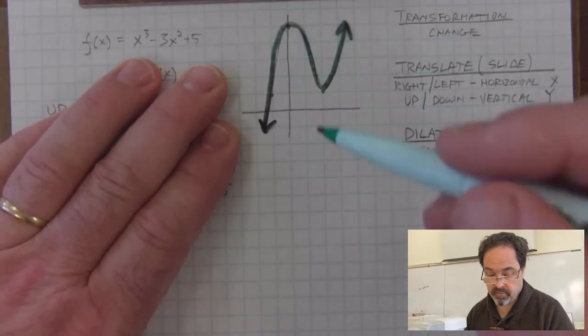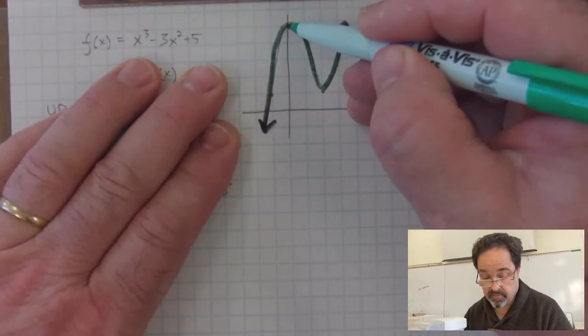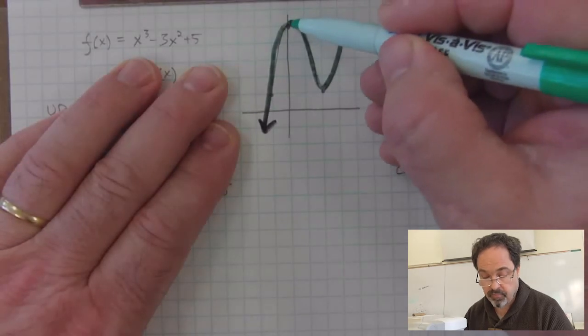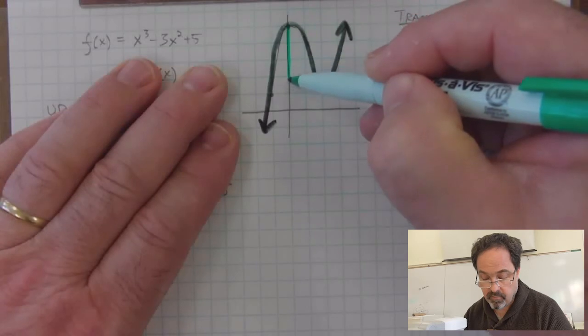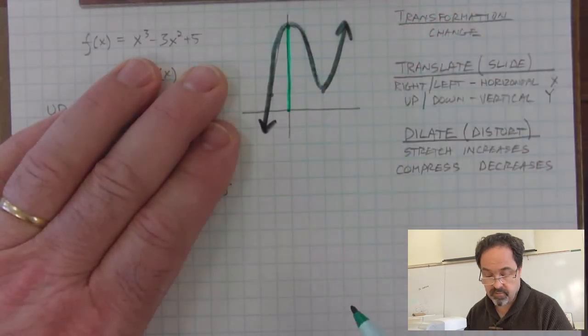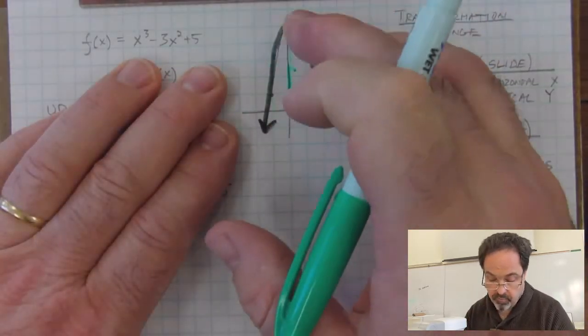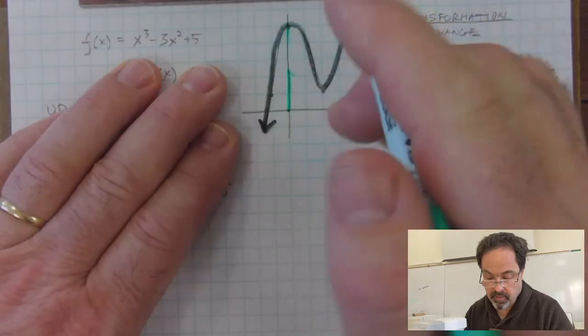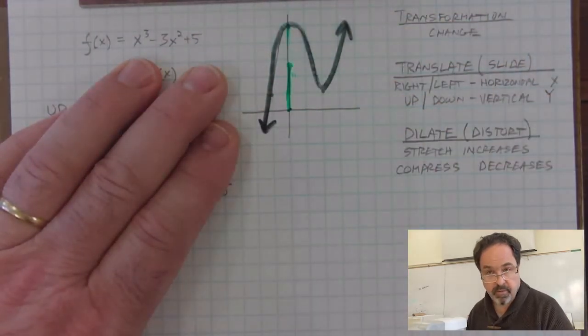The vertical distance is the distance from a point to the x-axis. So a point on the function up top has a vertical distance, which would be the distance from that point down to the x-axis. And if we imagine decreasing that distance, we could show that distance as halfway, like that.